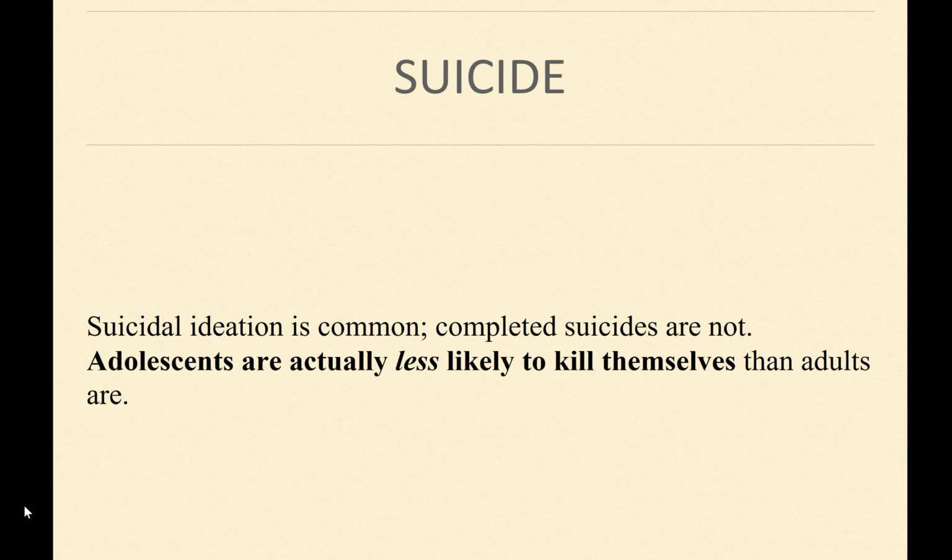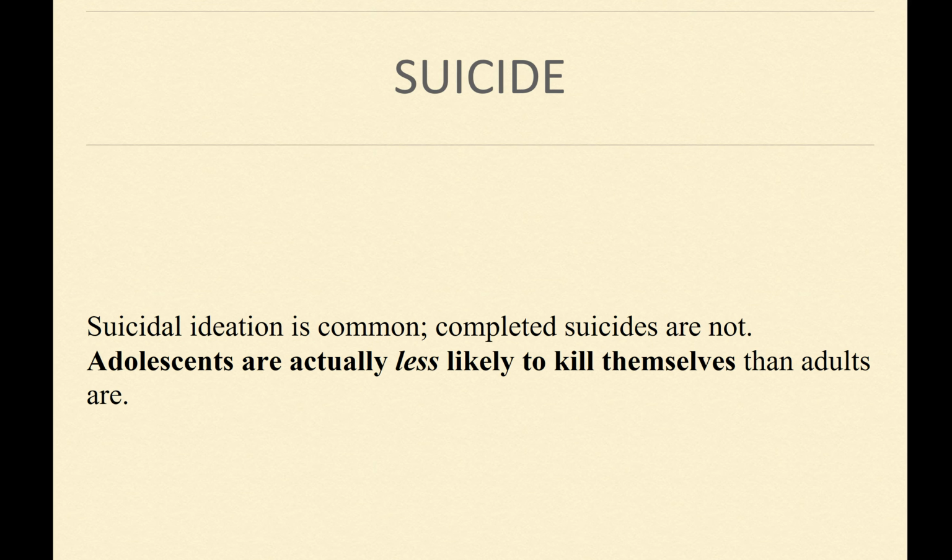Now, as with depression, what can commonly be found is suicide. So we're going to talk a little bit about suicide. The first thing to understand is that suicide is rare. It does not happen very often. Although it's a terrible thing when it does happen and it's considered preventable, it is very rare overall.